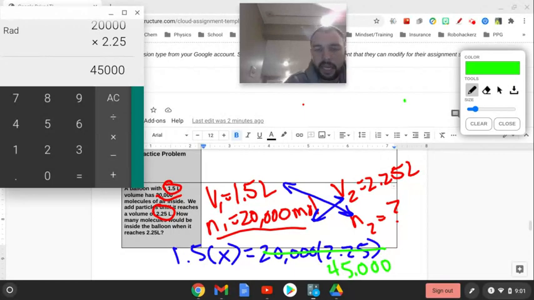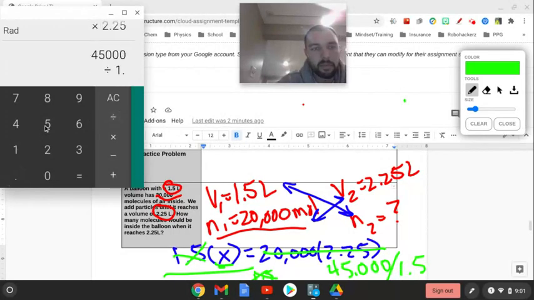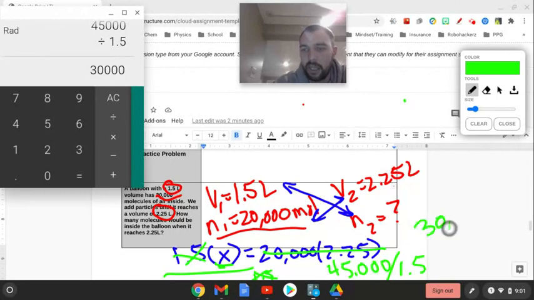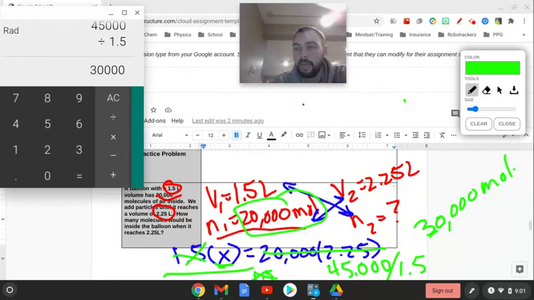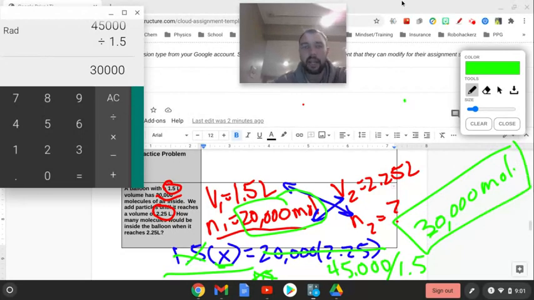Now to get X by itself, I'm going to divide by 1.5 on both sides. That's going to get me 30,000. Now, I mentioned before that I was looking for a number bigger than 20,000, and I got one. I got 30,000. So that makes sense to me. That's my final answer.